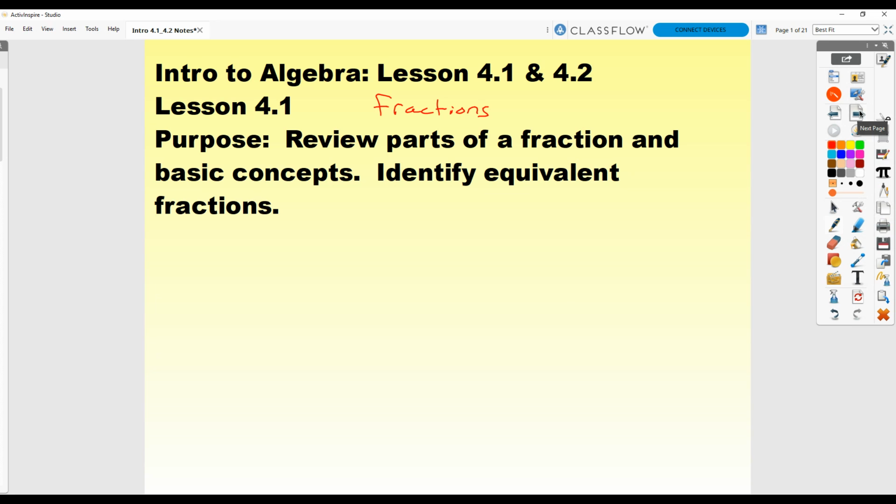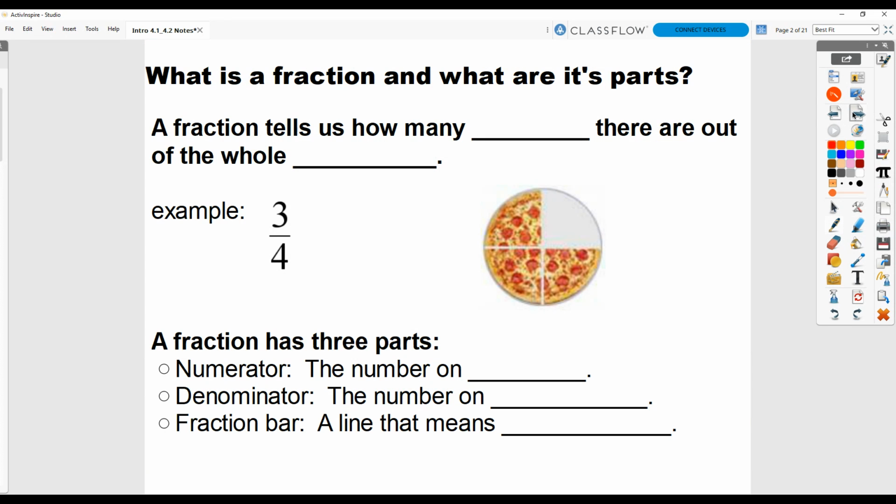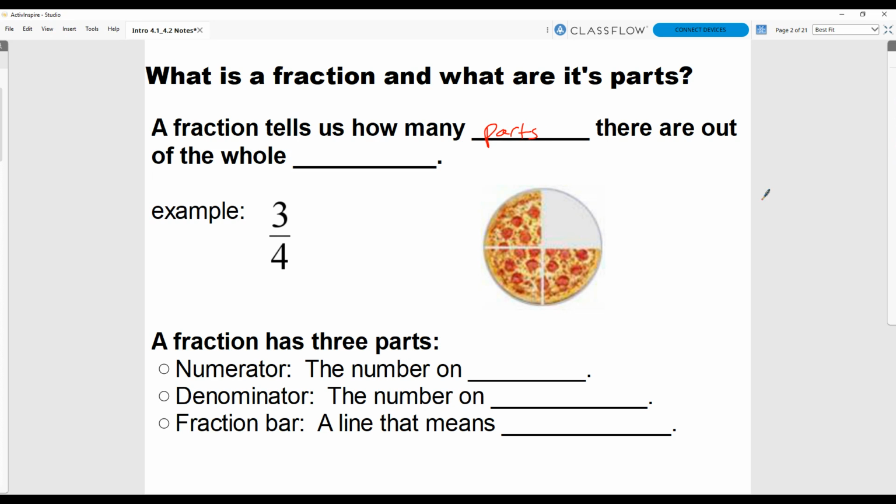First, let's talk about what a fraction is and what its parts are. A fraction tells us how many parts there are out of the whole thing, and that thing can be just about anything.